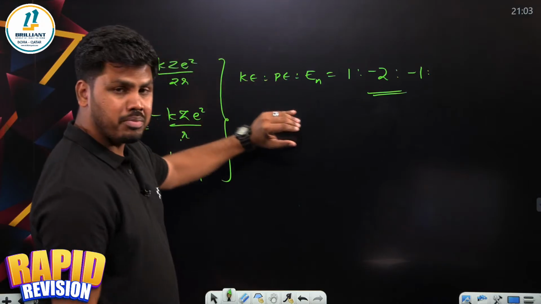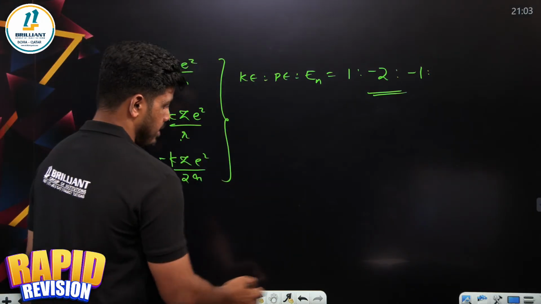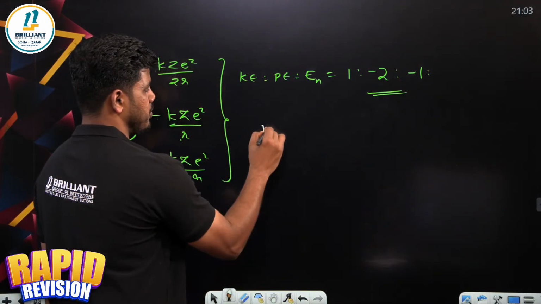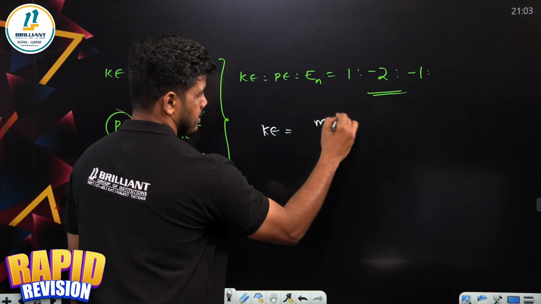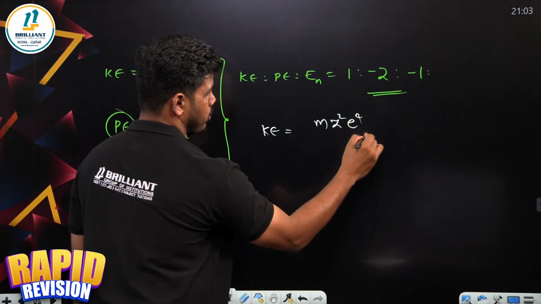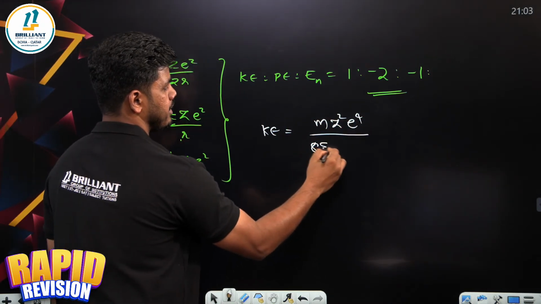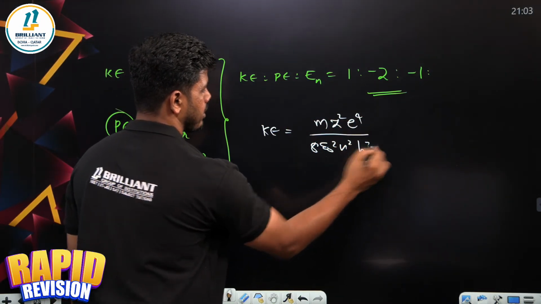The same ratio will be obtained if you compare the other set of equations. I told you kinetic energy is equal to m z square e raised to 4 divided by 8 epsilon 0 square n square h square.